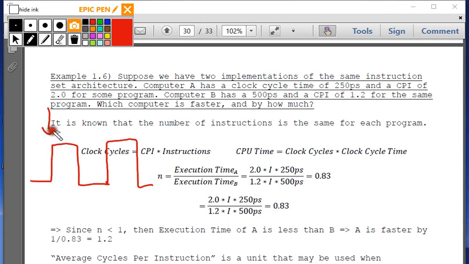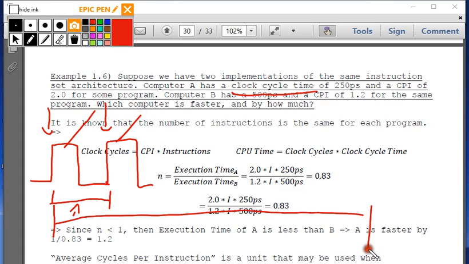The distance from here to here in terms of time is your clock cycle time. So anything from one positive edge to the other positive edge, or one negative edge to the other negative edge, that is your clock cycle time. And how many of these you get in a second, that's your clock rate.